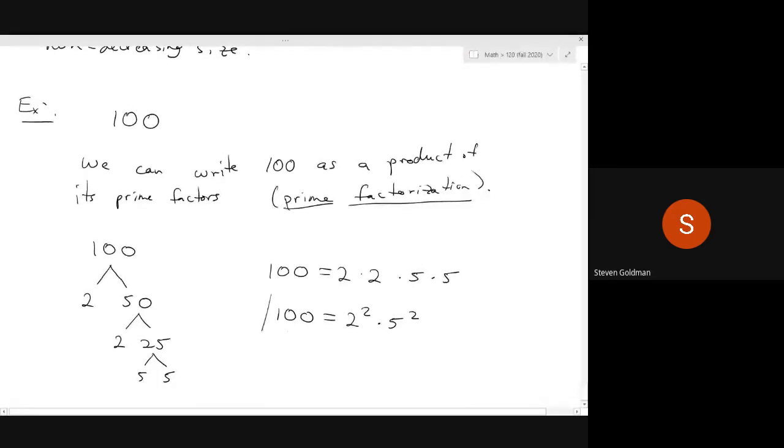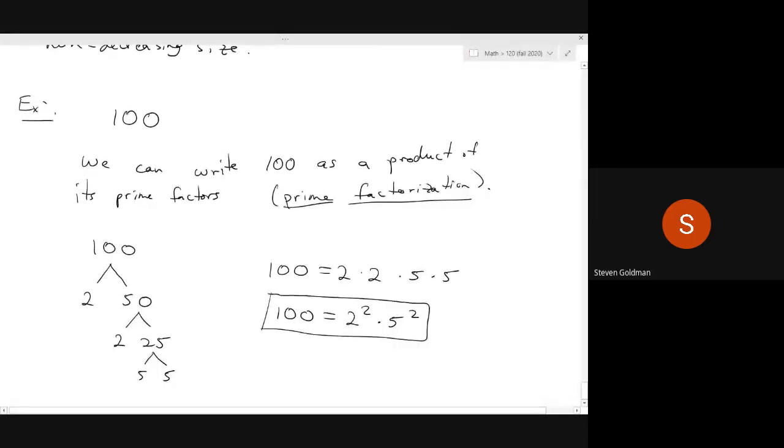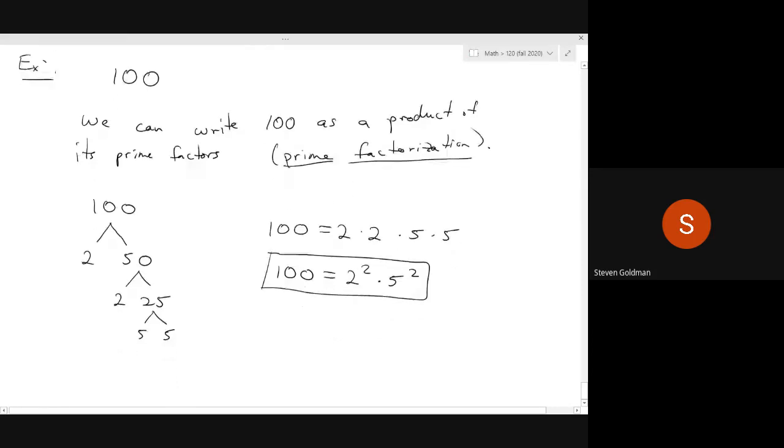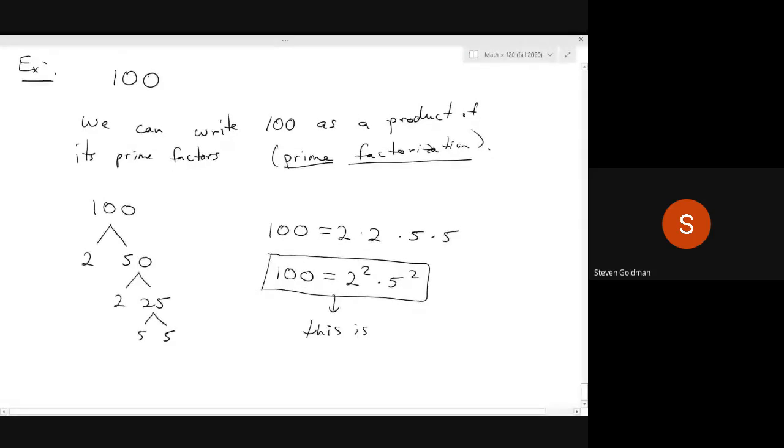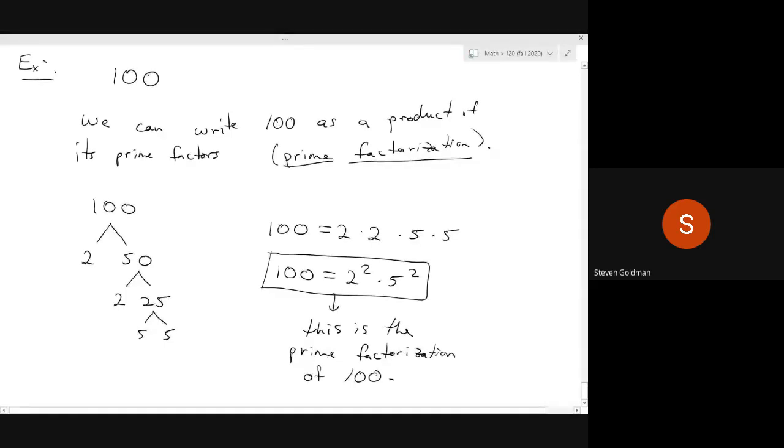So this here would be the prime factorization of 100. I can write 100 as a product of prime numbers uniquely. It's 2 squared times 5 squared. Those are its only prime factors. It has no other prime factors.